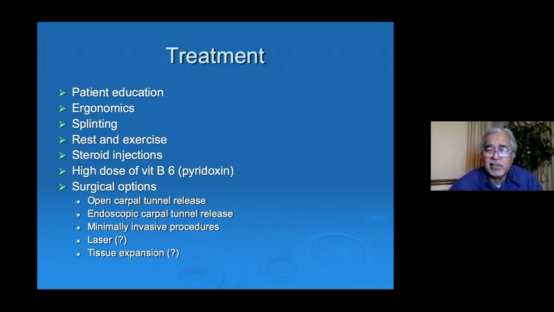An old anecdotal study done long back suggested that there may be at least about 40% chance of incomplete release. Now, I'm sure that slowly goes away once the learning curve gets better. But again, injury to the motor branch, the cutaneous branch to the thumb, ring finger, flexor tendon, etc., has been seen.